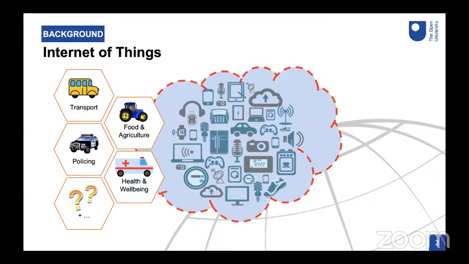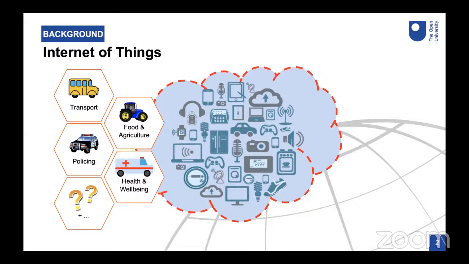Then you have other areas like food and agriculture, where you might use Internet of Things technologies to monitor the conditions in a field and decide when to provide particular resources, whether that's fertilizer or water, and so on.